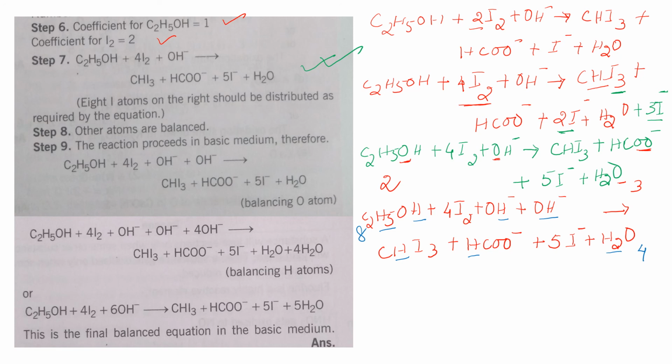That means in the left hand side I am having 8 hydrogen atoms and the right hand side I am having 4 hydrogen atoms. So I have to add 4 H2O in the right hand side, because the right hand side is deficient in hydrogen atom by 4. So I am adding 4 H2O molecules. And as I am adding 4 H2O molecules in the right hand side, I have to add 4 OH minus ions also in the left hand side.